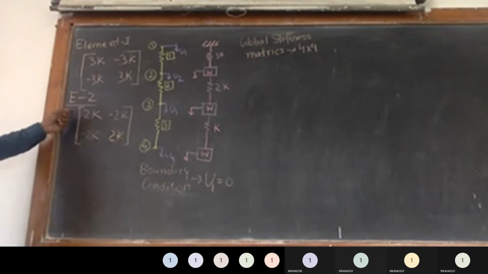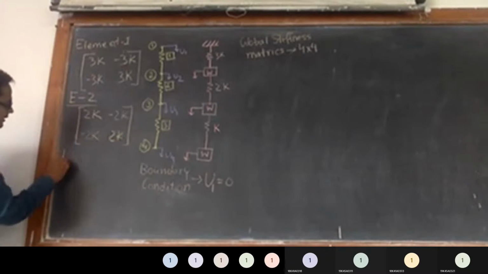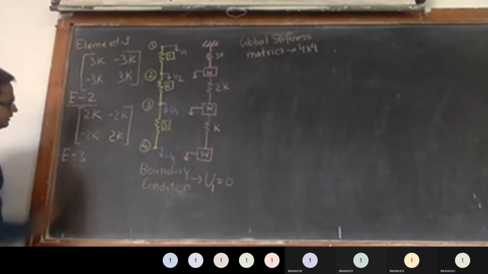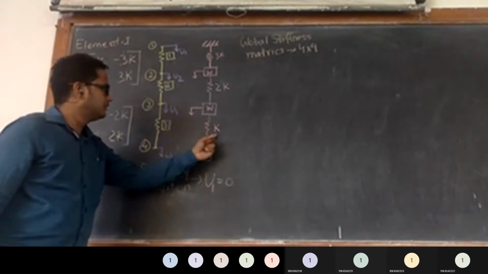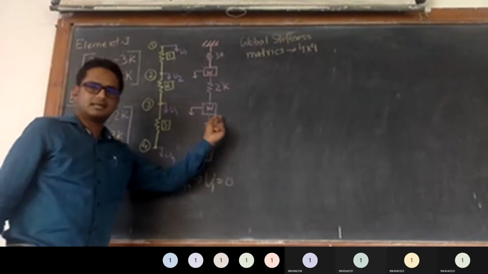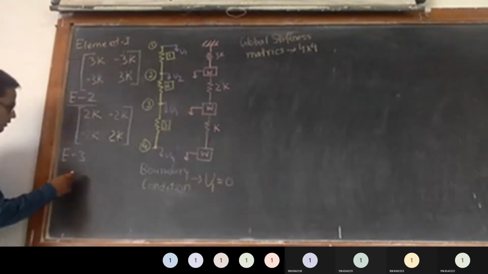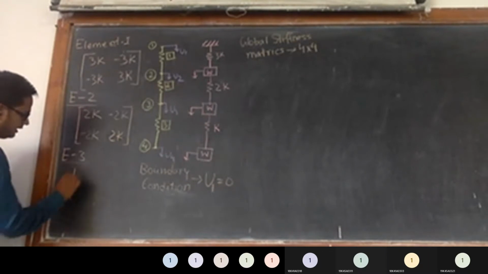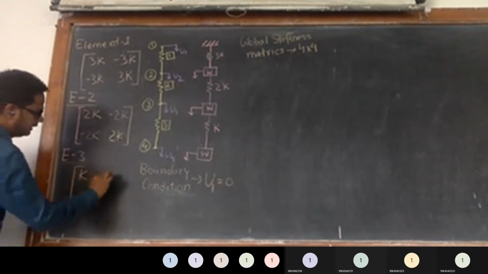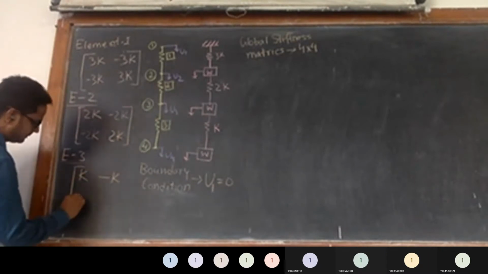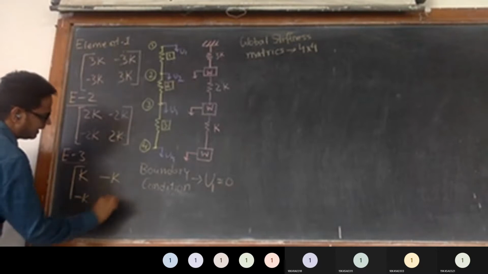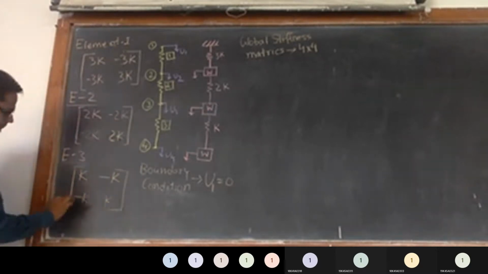So this is your element stiffness matrix for element number 2. Similarly, you can write for element number 3. For element number 3, your stiffness matrix is K, minus K, minus K and K.